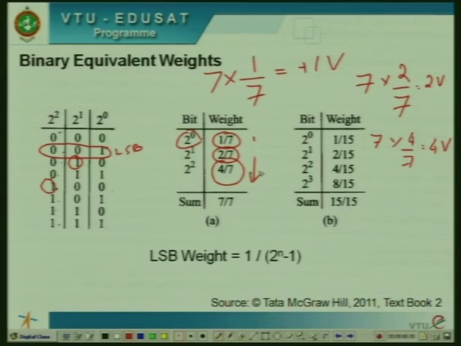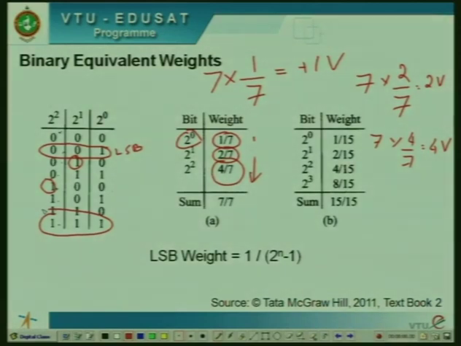For example, if I were to find the value of 111, then what would be its analog voltage? Its analog voltage would be 4 upon 7 plus 2 upon 7 plus 1 upon 7, into 7 volts, which happens to be 7 volts, which is the full scale value.